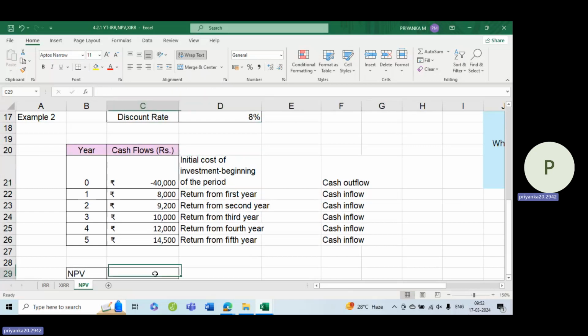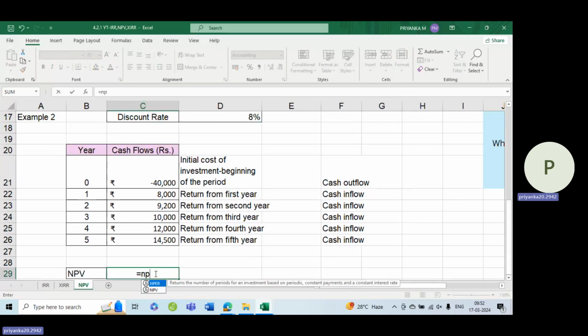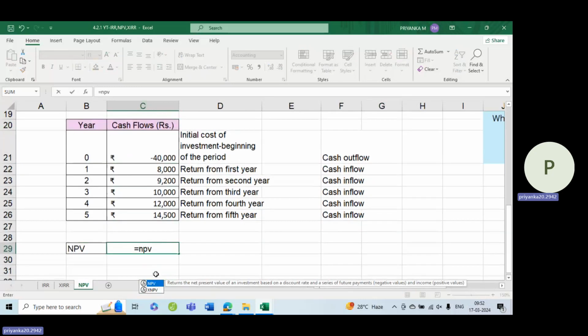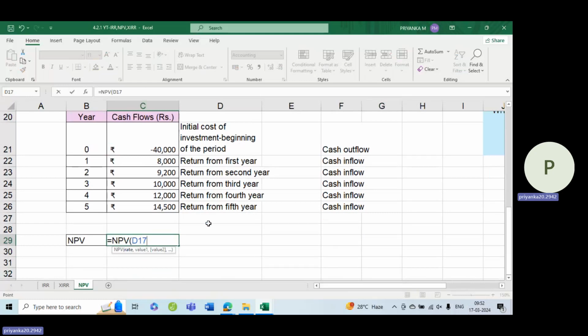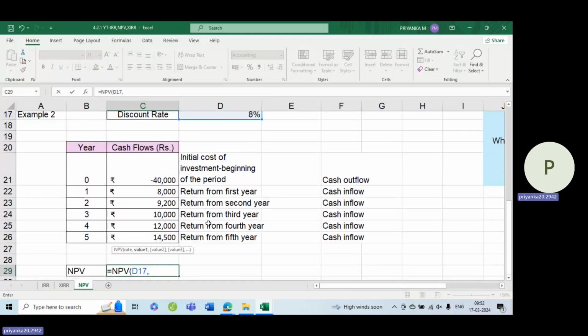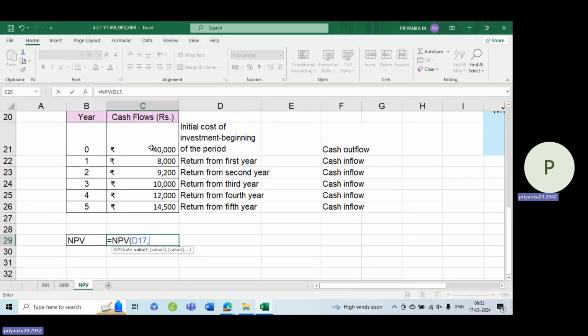Now let us go on to the problem, which is equal to NPV of the rate they have asked. So I'm selecting the discount rate, comma, the values. As we have seen earlier, except for the outflow value, I'll be selecting the remaining values, so the inflows alone.